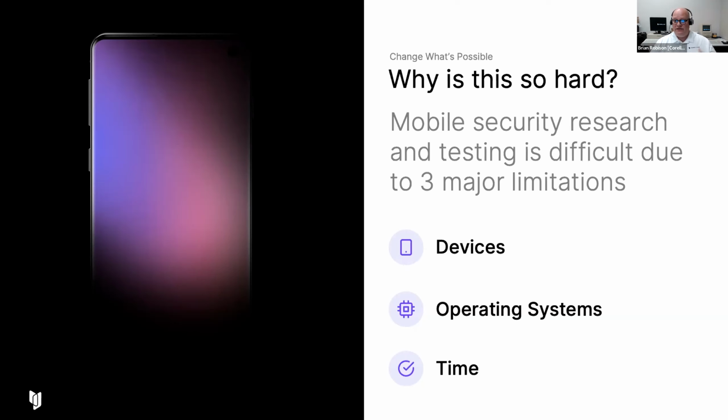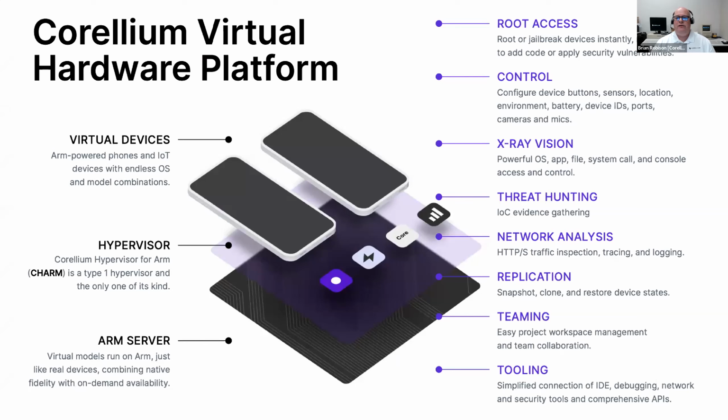Now, what does Corellium offer? So we basically solve these three issues by giving you an actual virtualized platform for iOS and Android. So there are emulators and there are simulators and there are other things that are out there, but we are a true virtualized platform. So we don't run these operating systems on x86 chips.